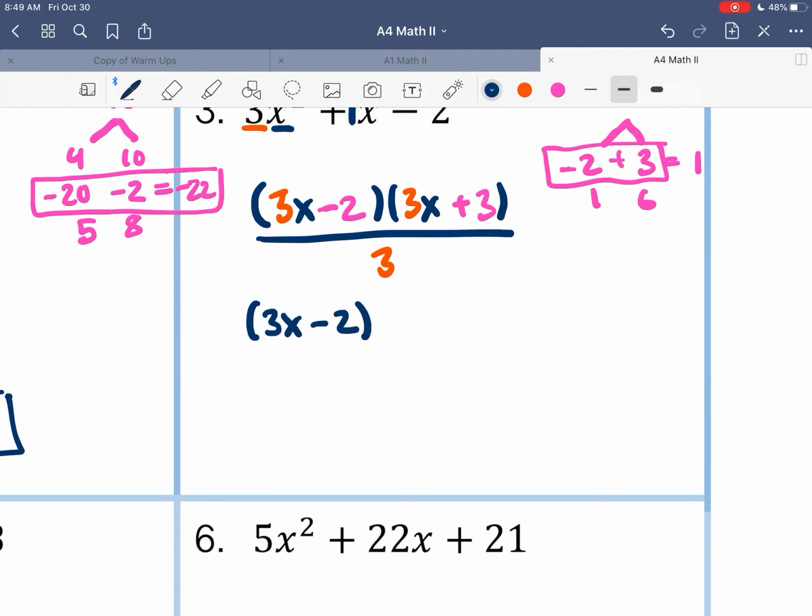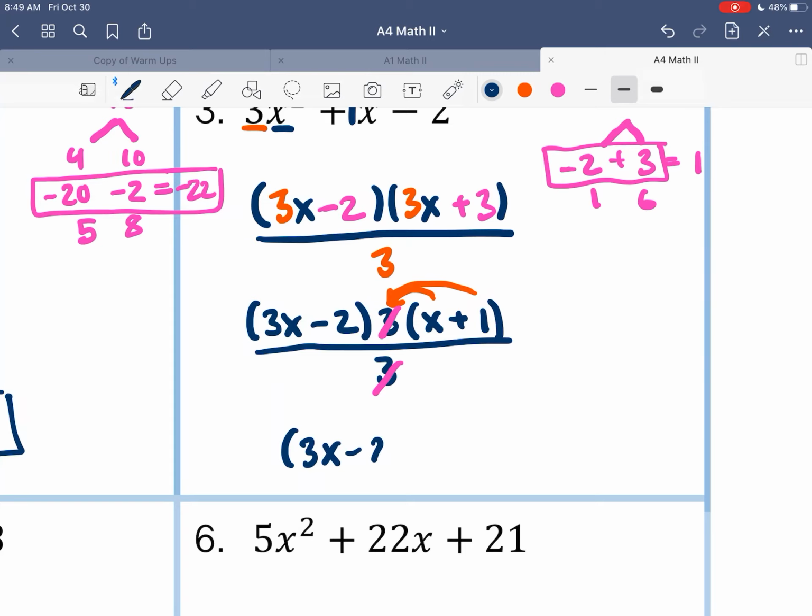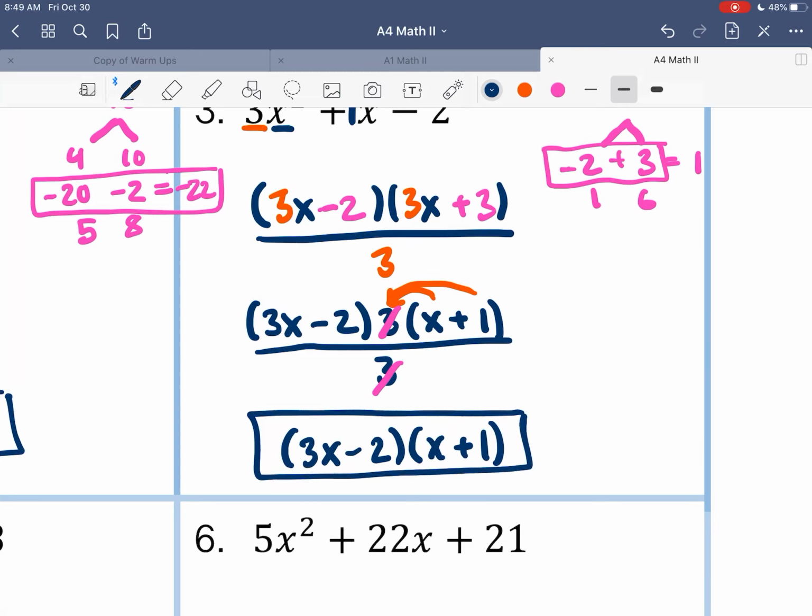This first one stays the same because there's nothing in common between 3 and 2, but 3 can be factored out of that one, and you're left with x plus 1 because 1 times 3 makes 3. Reverse distributing that one. And it's still all over 3 until we cancel it, and then it's not. So we have 3x minus 2 and x plus 1. That's our factored form for that one.